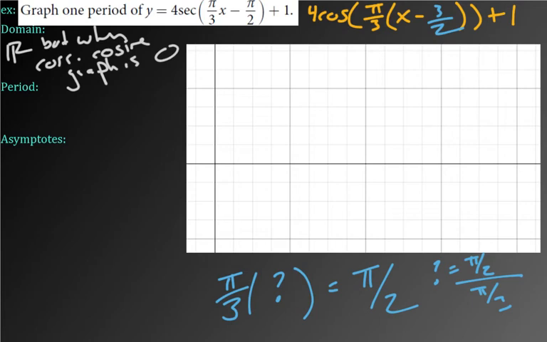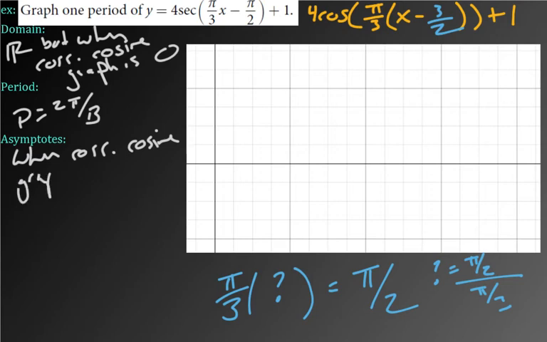Because 1 over 0 is undefined. And the period is still 2 pi over b. And the asymptotes are when the corresponding cosine graph is 0. Okay? So let's move on to graphing this.